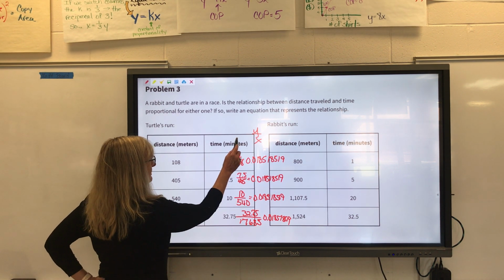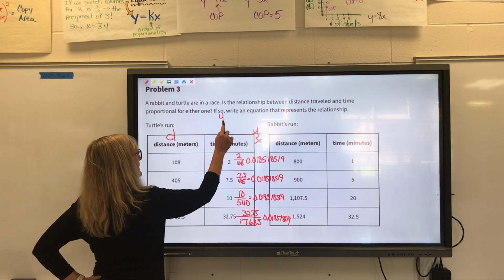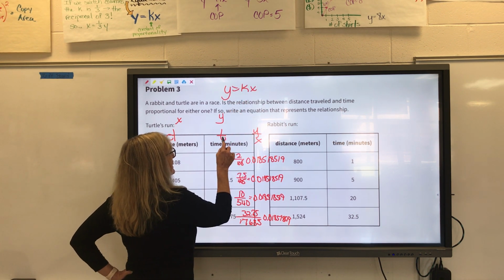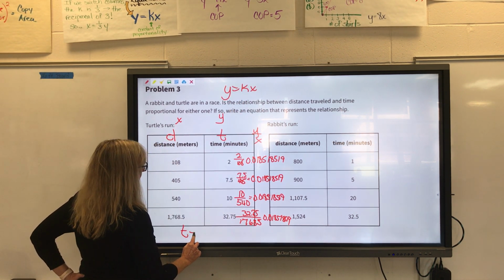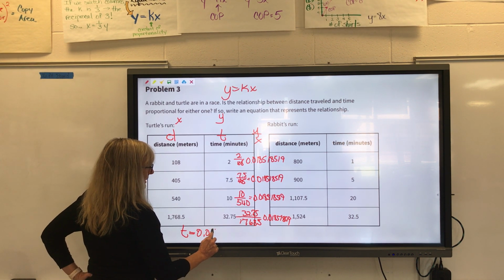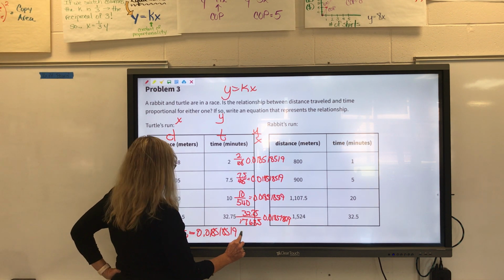This equation would be, if this is t for time, d for distance, and the equation is always in the form of y equals kx, this equation would be t equals 0.018518519D.